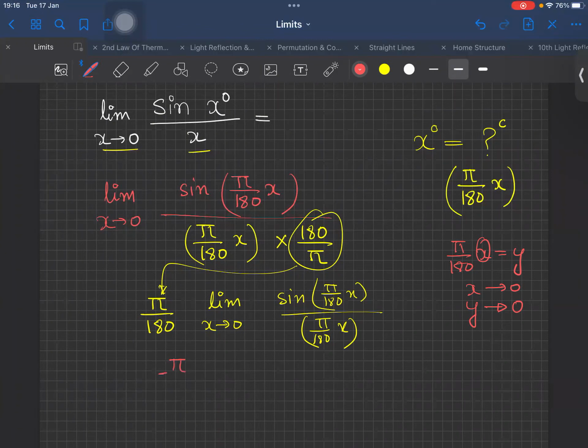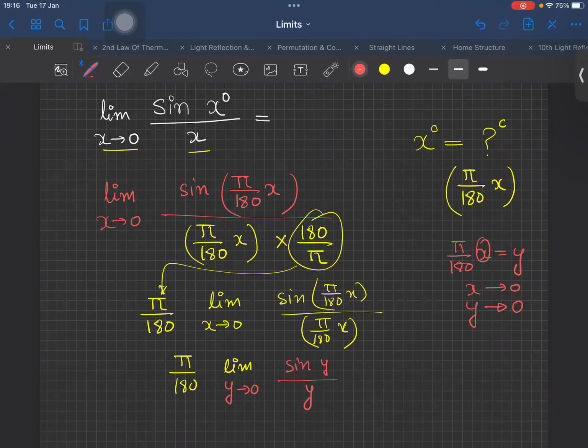So we can write pi upon 180 times the limit, now this is y, not x anymore, y tends to 0 of sine y upon y.